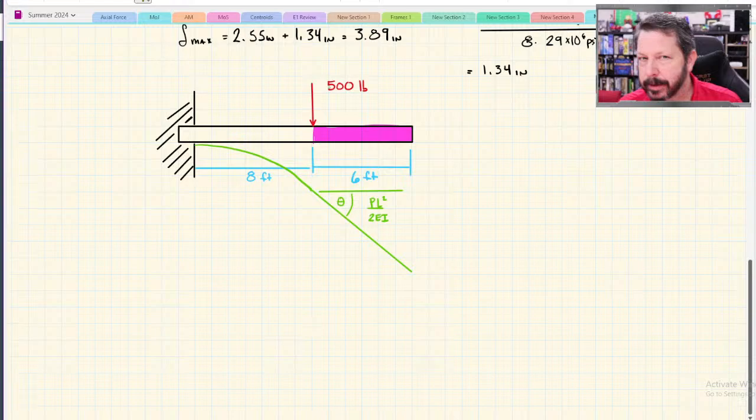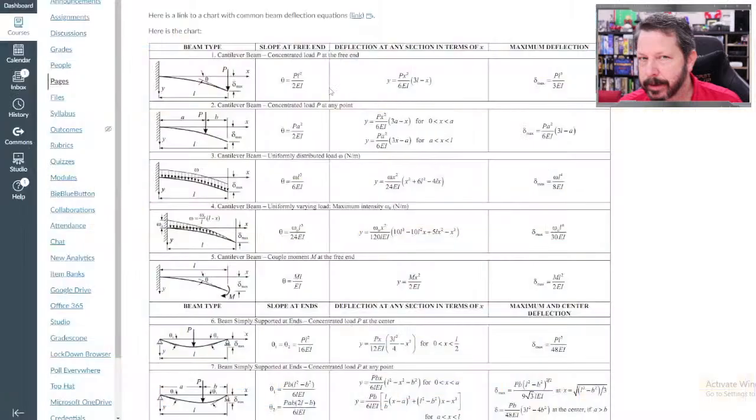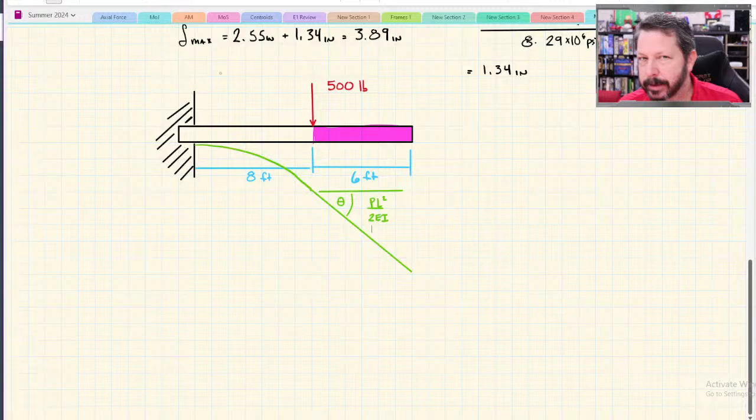Here's the thing that trips up some people on this one. They look at PL squared over 2EI. P is fine, it's obviously 500 pounds. EI we've already got. 2 is just 2. L is not 14 feet. Look at our picture. L is the distance from the wall or the fixed support to the point load. That's only 8 feet.